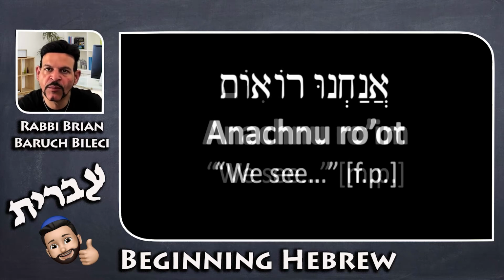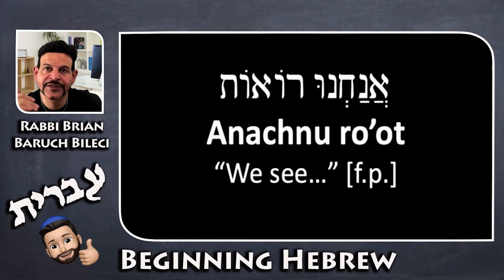Now, if there's no men present and it's just we as a group of women seeing, so if a group of women say we see, they would say anachnu still, but say ro'ot. So notice the ot ending, which is feminine plural, as in sukkot. Or Torah plural, like oral and written Torah, would be called Torot.